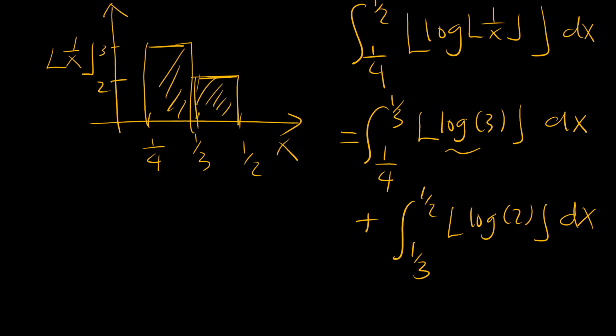The floor function of log 3 is going to be equal to the integer less than the value of log 3, and this will go to 1. Now natural logarithm of 2, the integer less than natural logarithm of 2 is 0. So this is going to be 0.